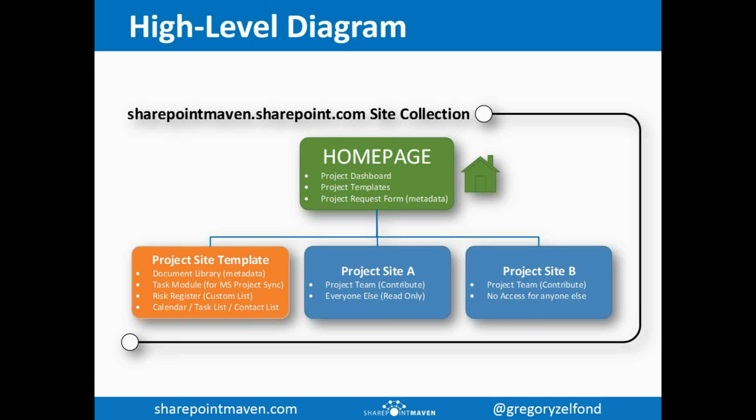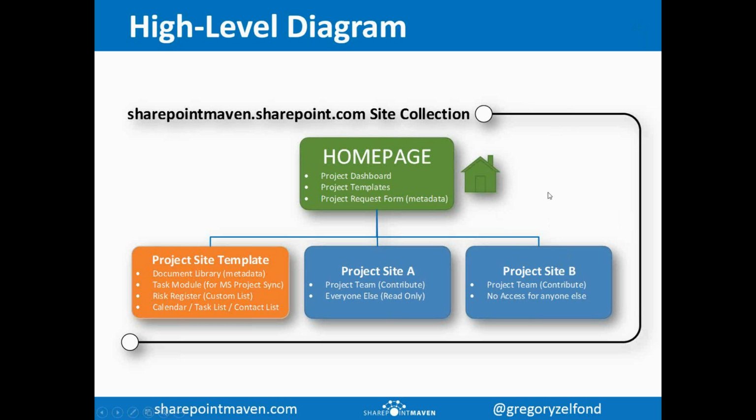On this slide, you see a site architecture diagram, a diagram of what your site collection might look like when you actually build it out. In this case, this is an example of a project management portal where you have a home page with your project templates and project dashboards, and then you have all the different project sites sitting underneath.